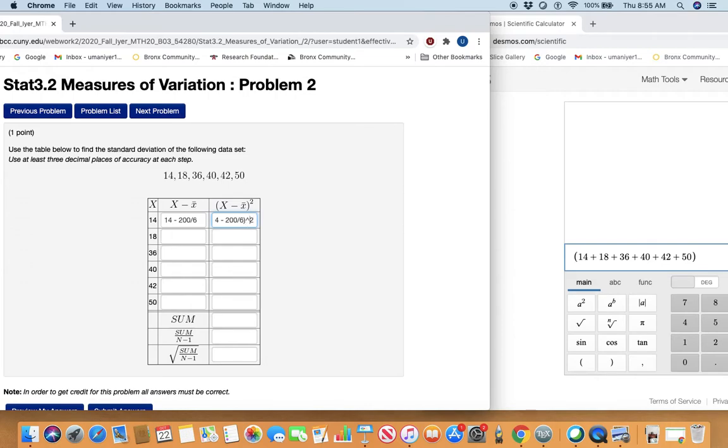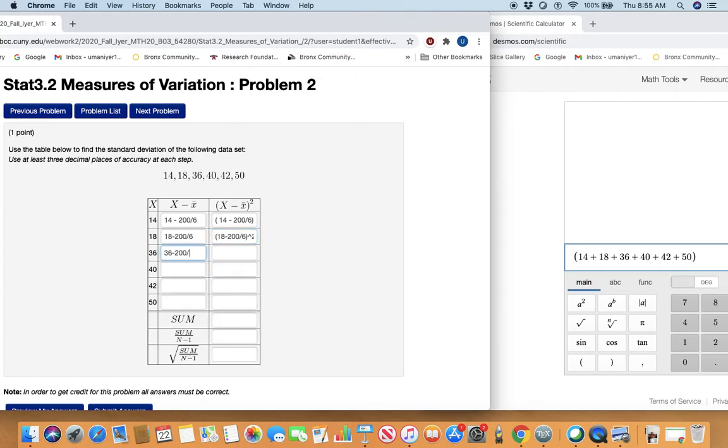So that is 14 minus 200 over 6, power 2 with parentheses. Likewise 18 minus 200 over 6, that's x minus x bar, close parenthesis, power 2.